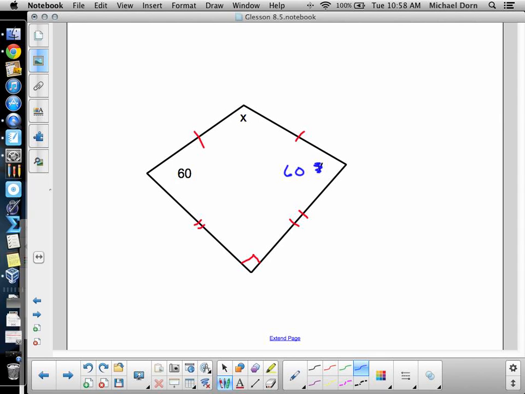Trapezoid. Parallelogram. Who agreed with me when I said trapezoid? Shame on you. Shame on me for saying trapezoid. Okay? It'd be a parallelogram because both pairs of opposite angles would be congruent. So how many degrees are there totally going to be in any quadrilateral? 360.